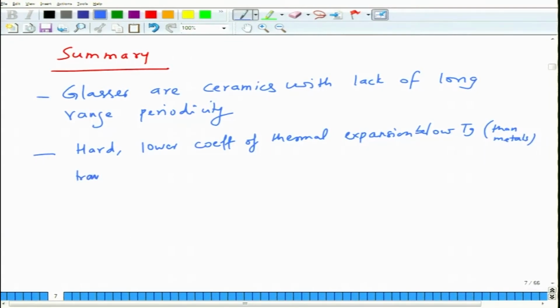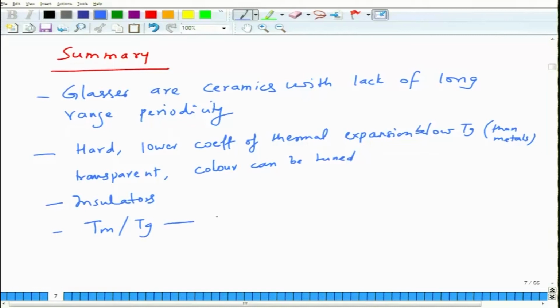They are transparent, and color can be tuned by putting in impurities. Okay. And they are of course insulators, thermal and electrical insulators, and then they have their melting point Tm or Tg, the melting point or glass transition temperature, which have different definitions in the glass sense, but can be tuned by modifying the composition.